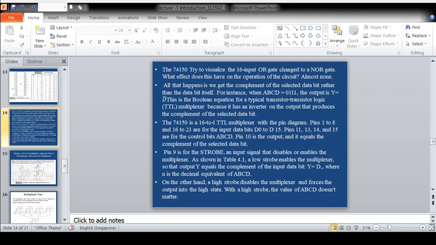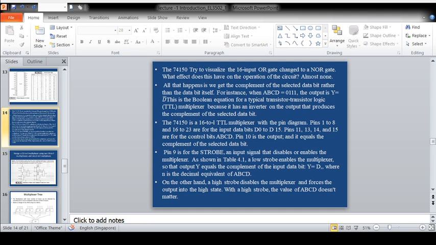That is going to be utilized for selecting this IC, or enabling or disabling this IC, and that is known here particularly as a strobe signal. That strobe signal is enabling this IC or disabling this IC. Pin number 9 is for the strobe signal, an input signal that disables or enables the multiplexer as shown in table 4.1.